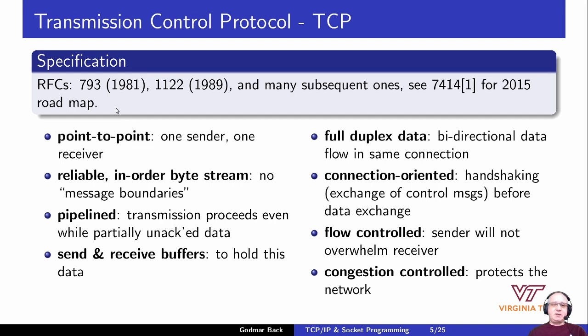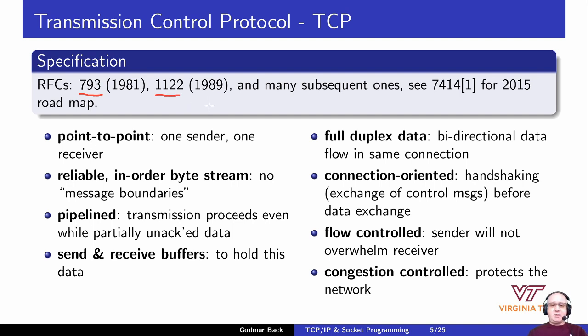TCP was developed in the 1970s. The first specification describing TCP dates back to 1981, RFC 793. During the 1980s, TCP started being deployed, and a lot of experience was gained in implementing it, and that led to improvements, the most notable of which was the addition of congestion control in RFC 1122 in 1989.